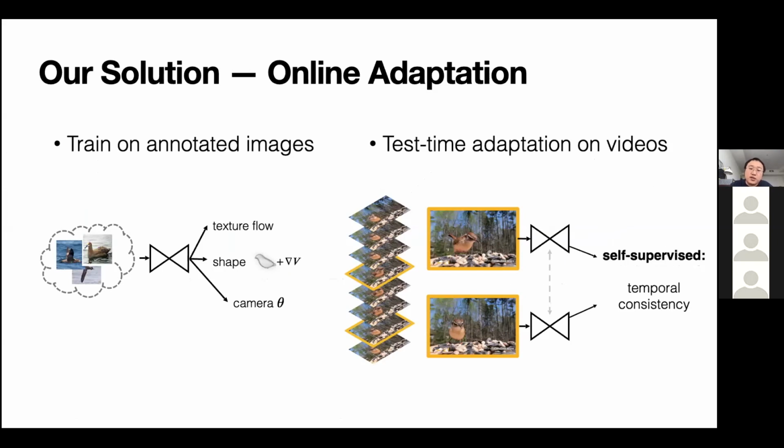During testing, we fine-tune the network to make it continuously adapt to the single video that the network is tested on. To perform the adaptation, we need to figure out effective self-supervised objectives that can improve the network over time. The key idea here is to use temporal consistency to construct the self-supervised tasks.